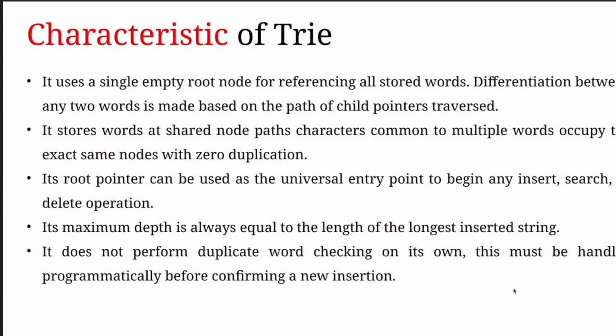Words that share common characters also share the same nodes. The depth of the Trie depends on the length of the longest word stored in it. Because of its structure, Trie is very efficient for storing and retrieving strings.